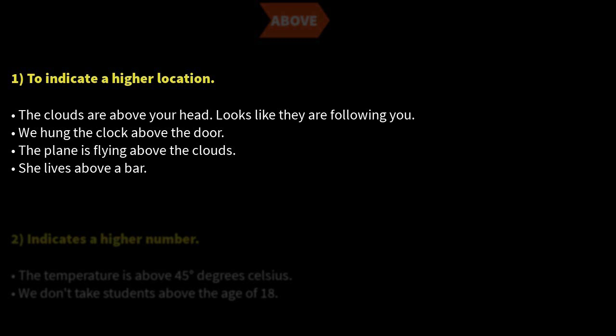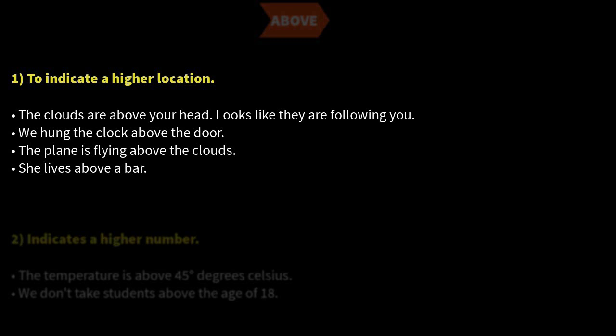Guys, though these two sentences mean the same thing, there is a difference. Above is simply used to talk about the location of something that's at the higher position. It does not talk about the movement. To talk about the movement of something that is happening at a higher location than something else, we use over generally.